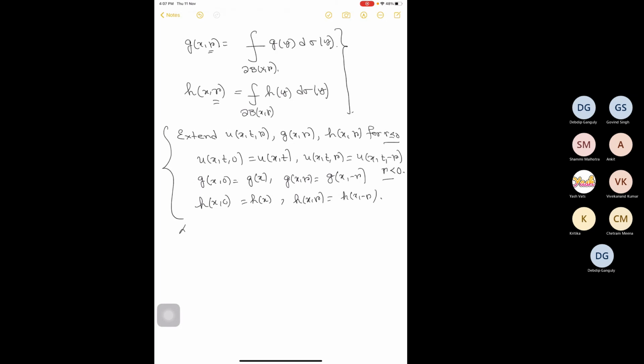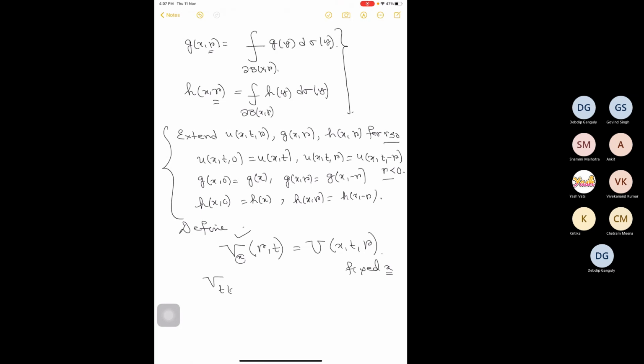Now you define a function V(r,t) as r times U(x,t,r) for fixed x. Fix your x and define this function. Of course this depends on x. Then you can check that this V satisfies this equation.